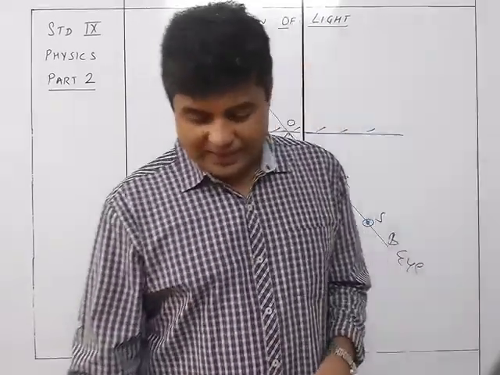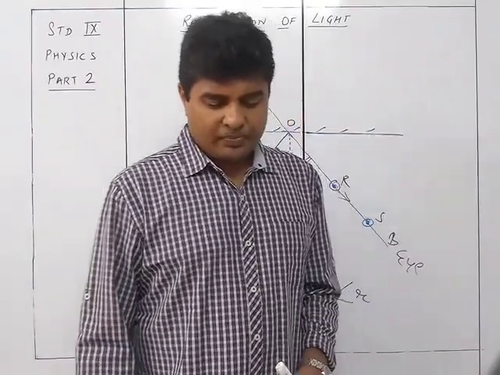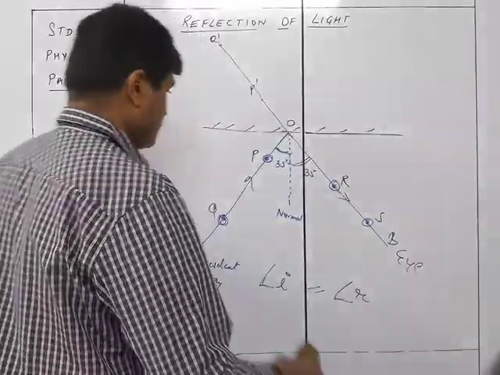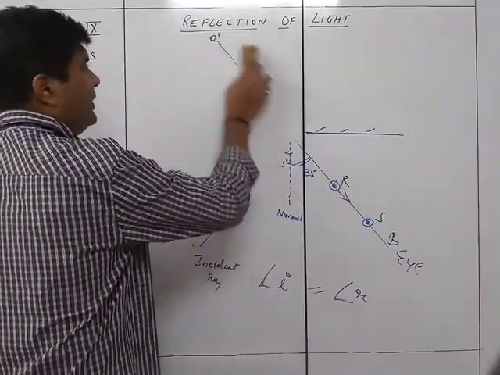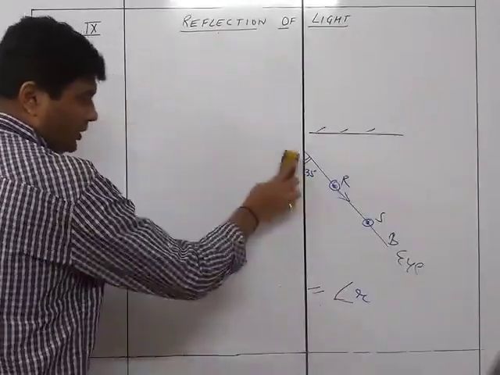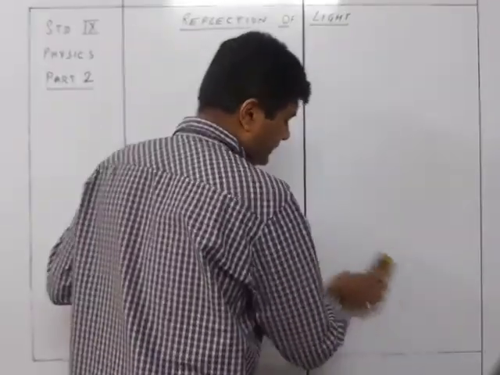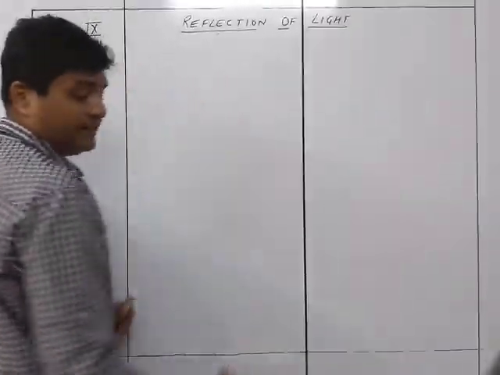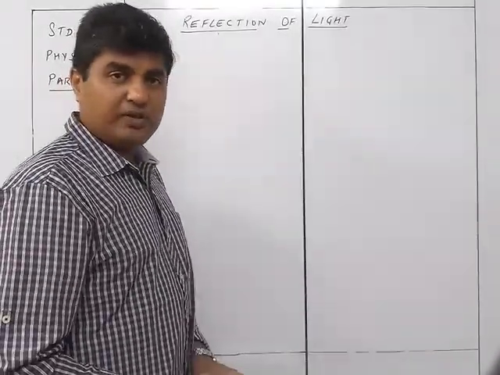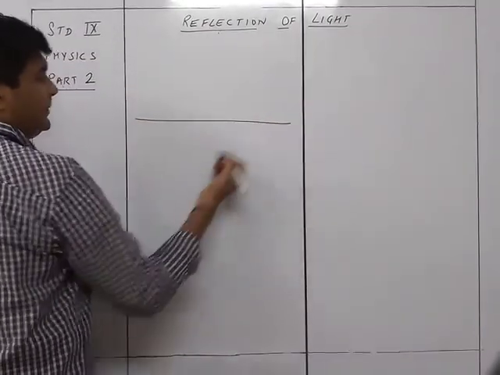So let's see, the first thing is the image of a point object by a plane mirror. We are going to see how the image is formed for a point object. If it is just a point and that point is being reflected, then what will the image be like?